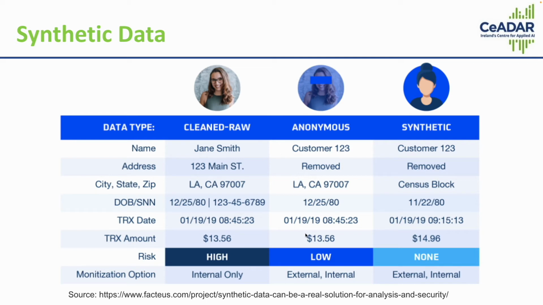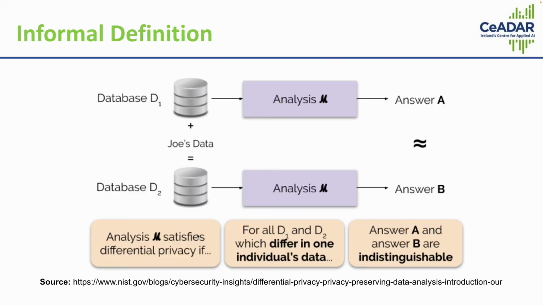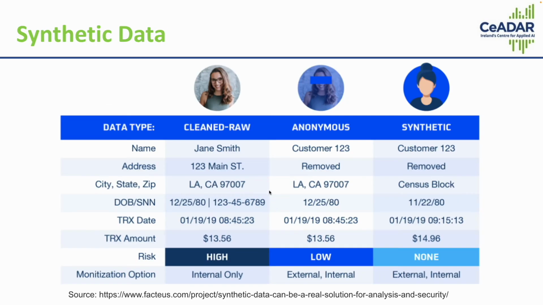But from these two numbers, what we can do is subtract the sum of these two from the sum of all three to get the actual transaction amount of the person from the data set. So what we have done is we have actually extracted one person's exact information using the same query, but on a slightly different data set. And that is what differential privacy prevents. It prevents this person's data from being revealed in any way when these analyses or queries on the dataset are answered.